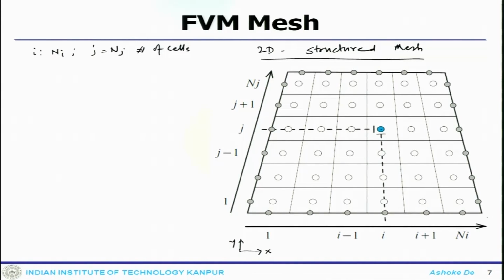Okay. So, once you have this kind of structured system, this has certain advantages. One of the biggest advantages is that the memory requirement is less. So, the handling of data structure is much easier, because the only thing you need to keep track of is these elements in contiguous memory.